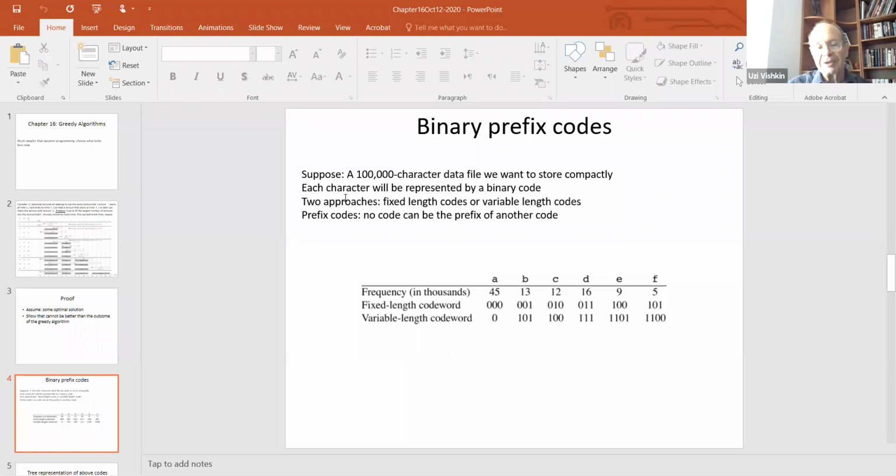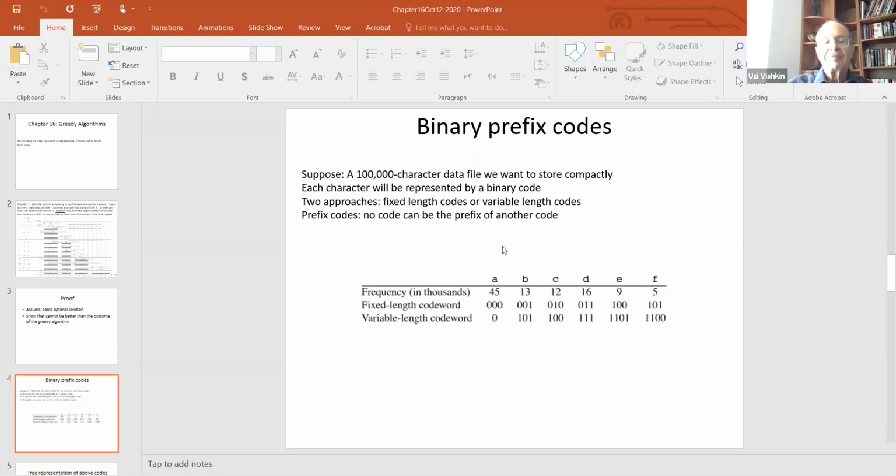What does it mean? It means that I have a data file with, say, 100,000 characters. A character may be the letter A, the letter B, the letter C. In the example written here, we assume that we have an alphabet of 6 letters, A up to F.